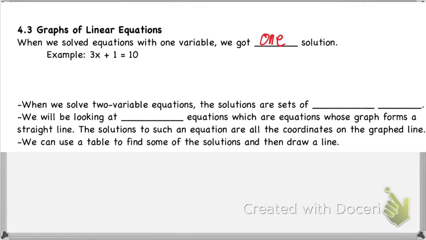An example, 3x plus 1 equals 10. How would I solve this equation? 3x plus 1 equals 10. Subtract 1 on both sides. 1 minus 1 is 0. 3x equals 9. Now what, Tucker? Divide by 3. In total, what's x equal?